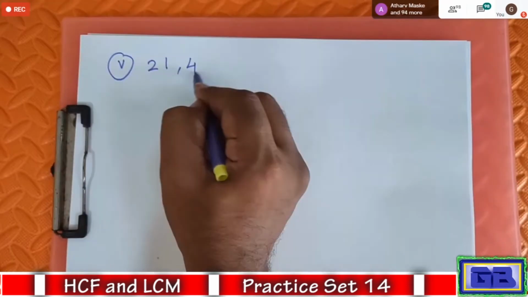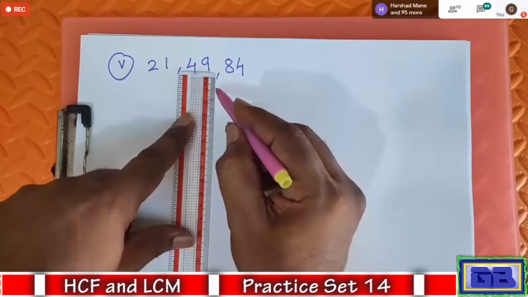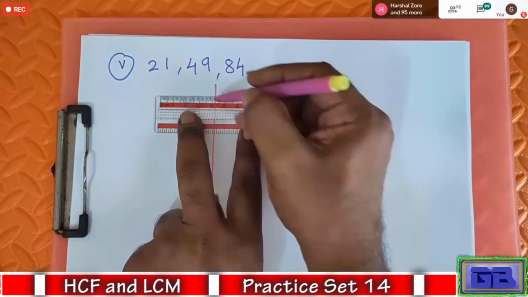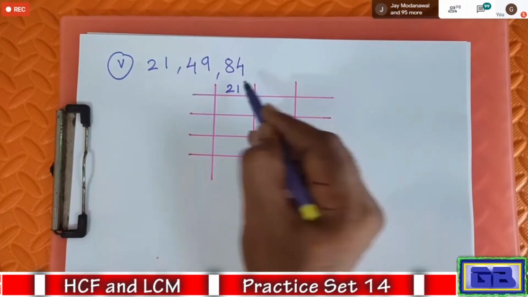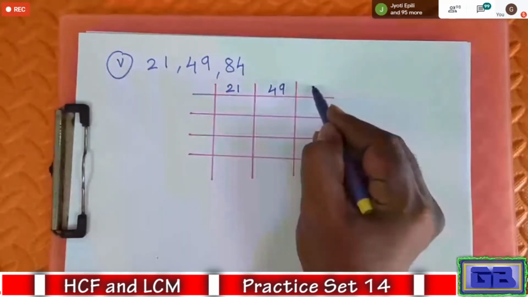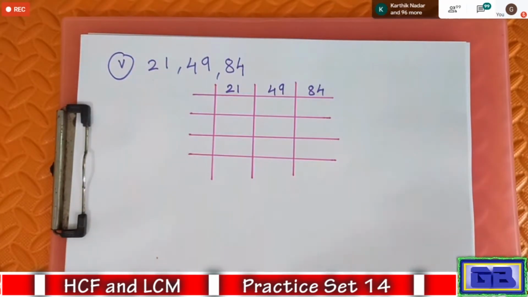Fifth sum we have to take 21, 49, 84. These numbers are divisible by 7.